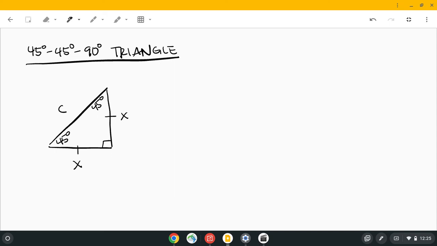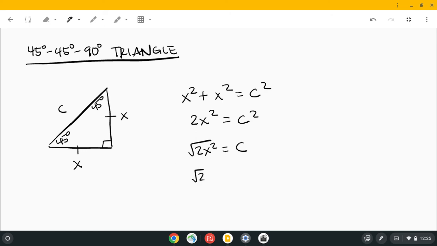If we use Pythagorean here, x squared plus x squared equals c squared, and I get 2x squared equals c squared. If I solve for c, I take the square root of 2x squared, and I am left with square root 2 times x.